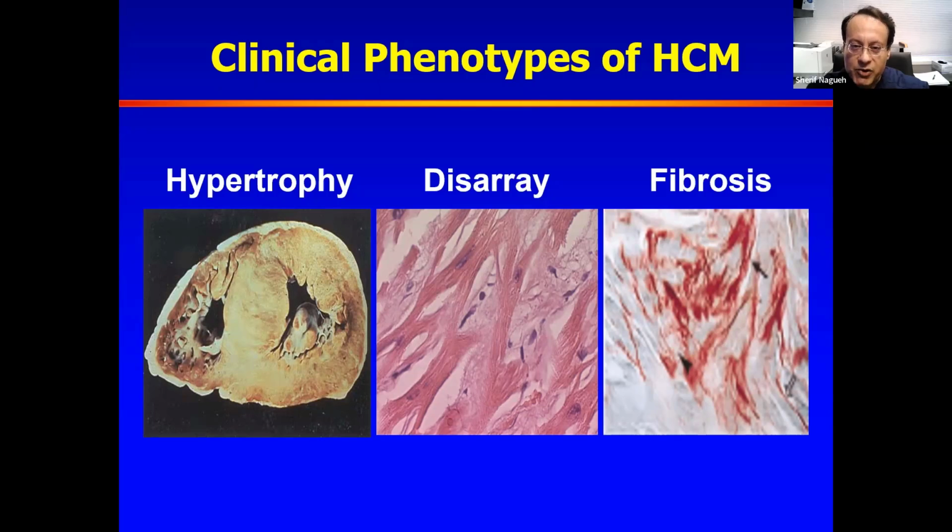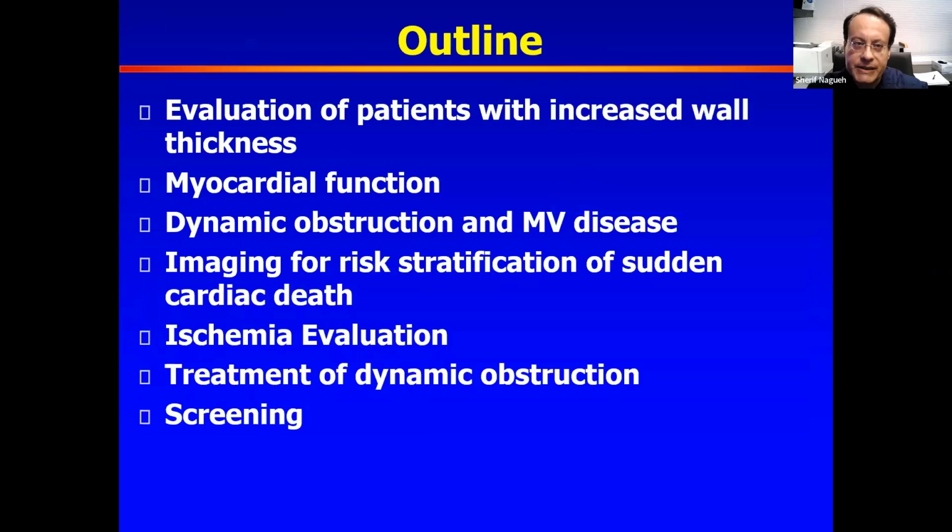I will submit to you that we are now able to look solidly at the two components of hypertrophy and disarray by imaging, and there have been significant strides as well to recognize the presence of disarray, albeit in the research, not the ready to practice clinical arena as far as disarray is concerned.